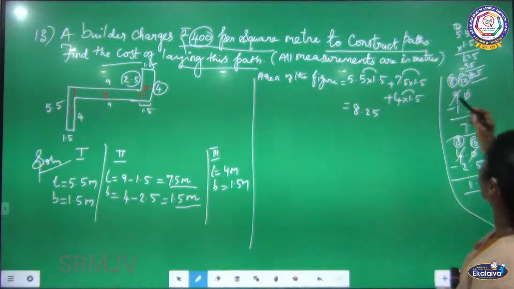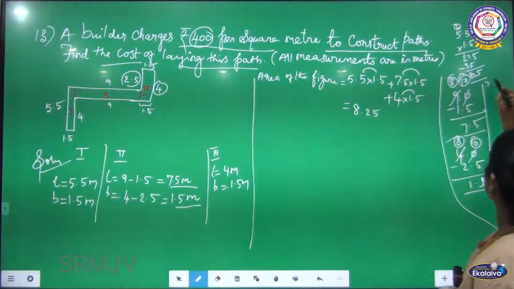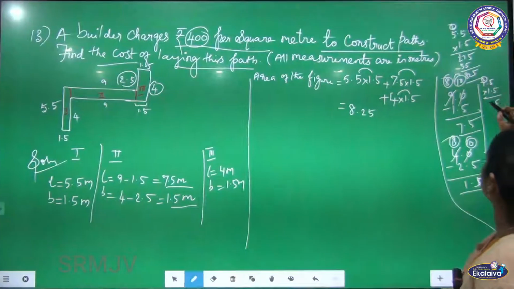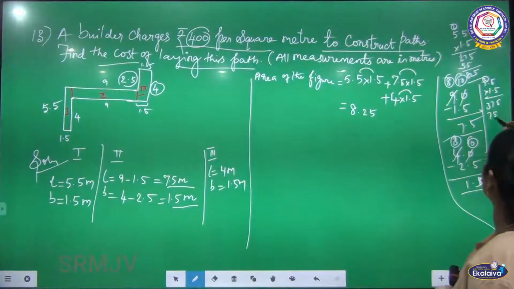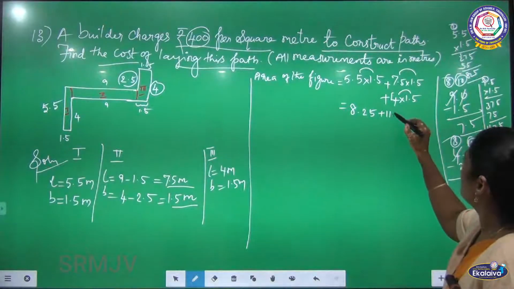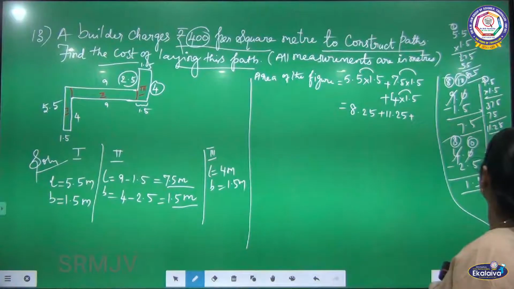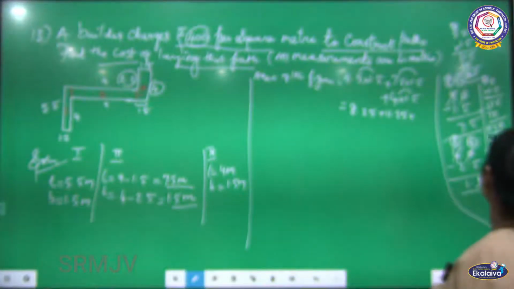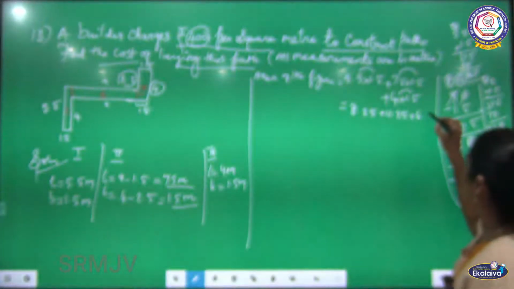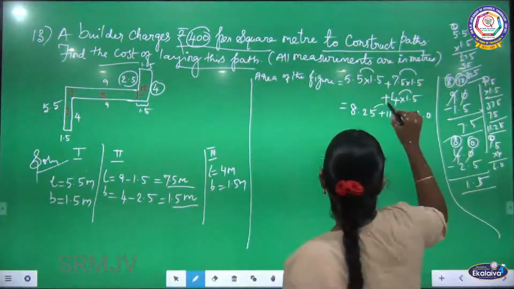Next, 7.5 into 1.5. 5 5s are 25, 2, 7 5s are 35, 37. So 75, 5, 2, 1, 1. So 11.25, plus 1.5 into 4. 4 5s are 20, 4 1s are 4, 4 plus 2 is 6. So 6.0.